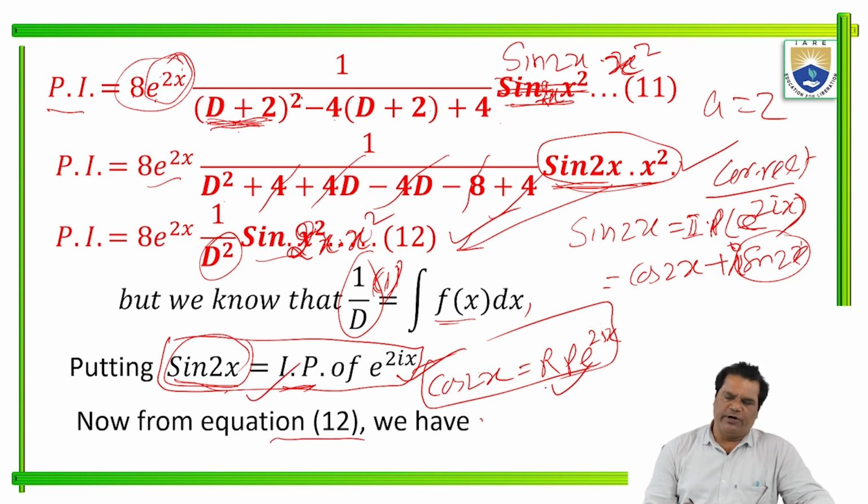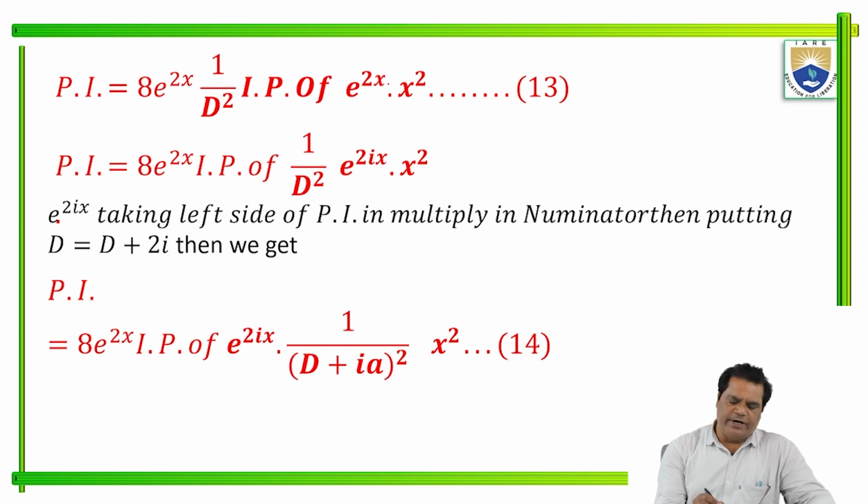Now from equation 12 we have 8e to the power 2x, 1 upon D squared, sin 2x x squared. In place of sin 2x, I am putting the imaginary part of e to the power 2ix.